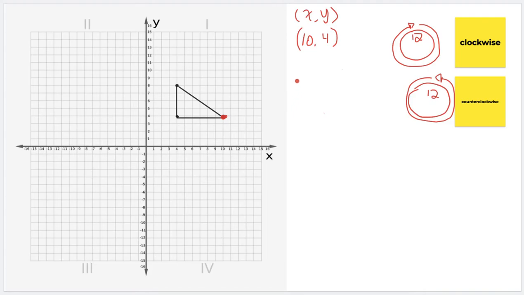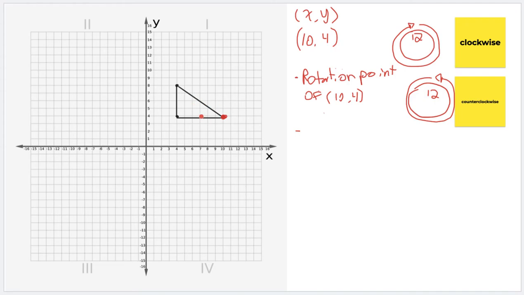Okay. So we are going to label that we have a rotation point. Rotation point of, and we have already written it down, but I'm going to write it again. 10 and 4. Again, the first number is the X value and the second number is the Y value. And we are going to say that we are going to rotate.